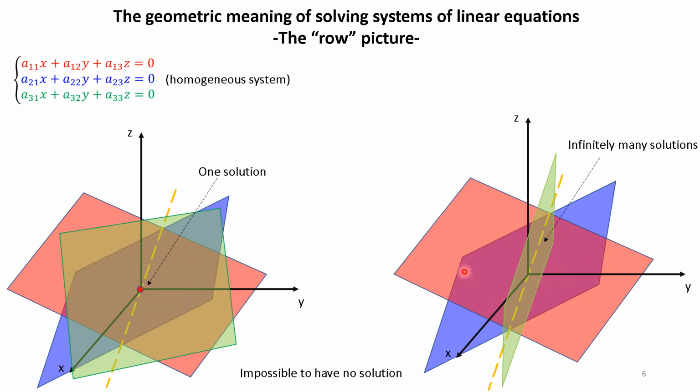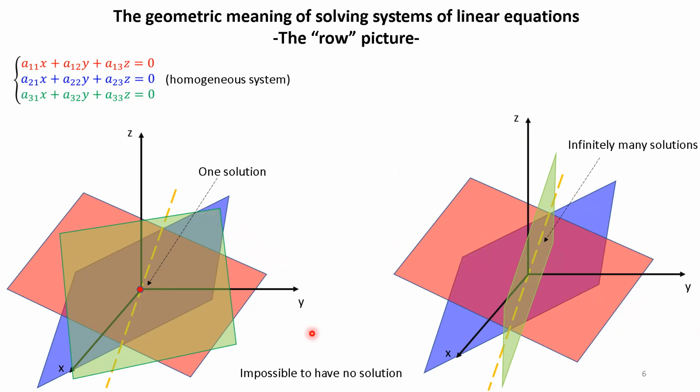And the other case is that you can have infinitely many solutions. That means after you consider the intersection of the three planes, you don't find that it's just this point at the origin, but instead an entire line like this. Or you could even imagine three planes that are parallel to each other, so then the entire plane gives you infinitely many solutions. So again, two cases.